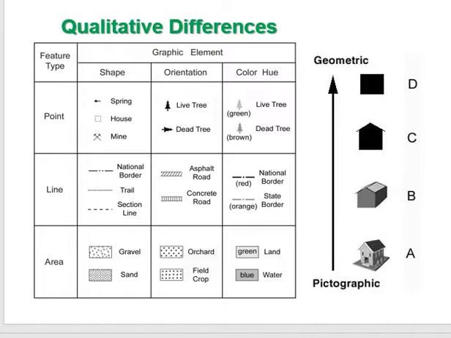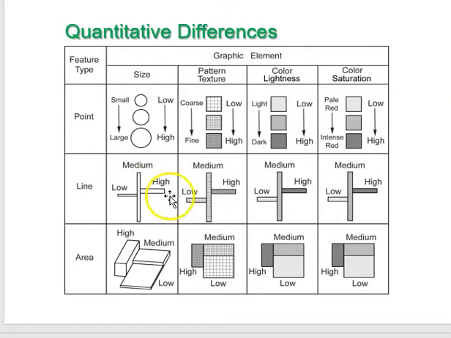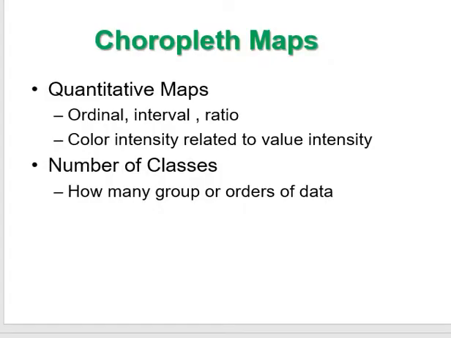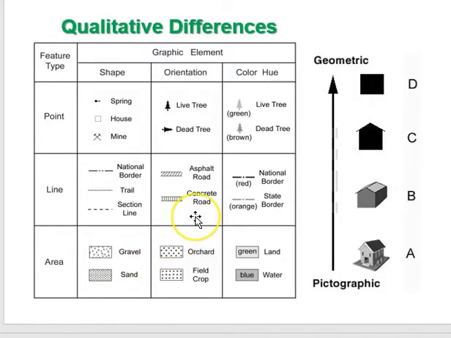Again, look at the lines. Dotted lines versus solid lines versus dashed lines, or just use the pattern. Different patterns could indicate different qualities. Now, when we looked at quantitative maps with patterns, you saw the intensity of the pattern from big checks to little checks to very small checks. In this map, for qualitative data, the distance between those lines is the same.